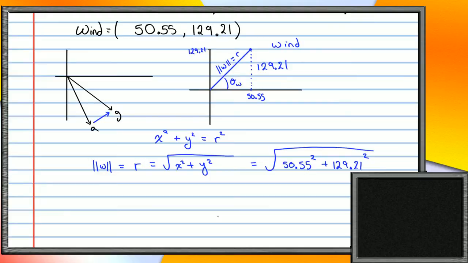So let's see, what does that give us? I got 138.74 as the wind speed.